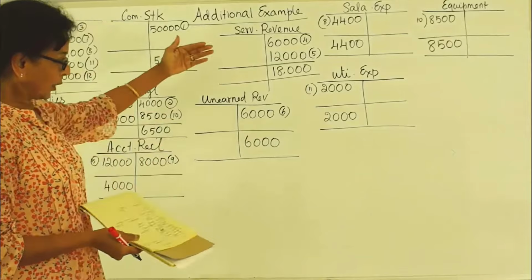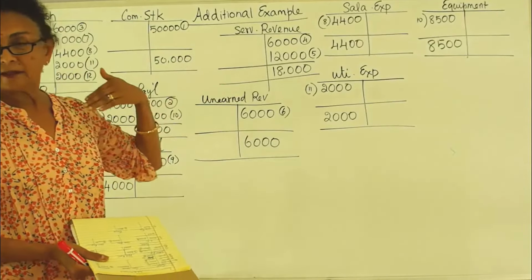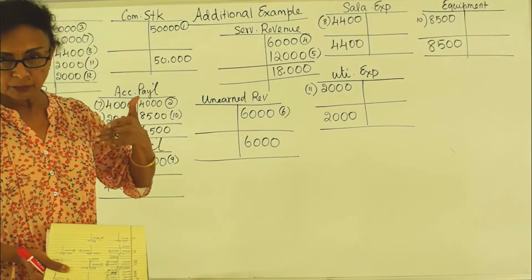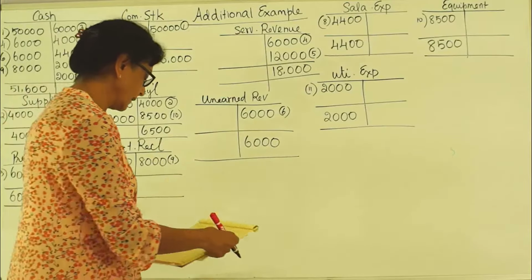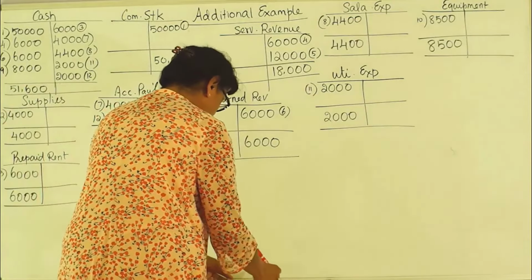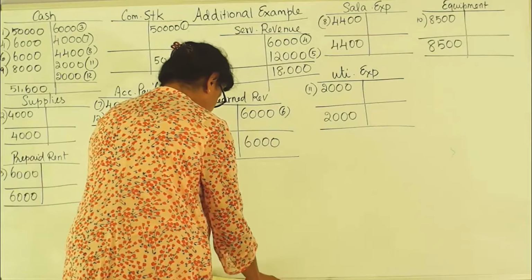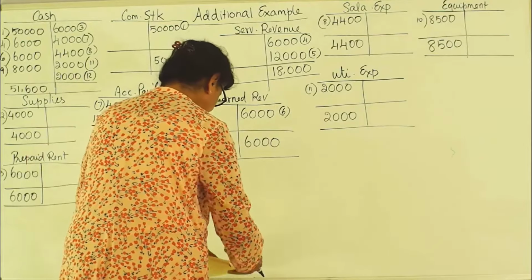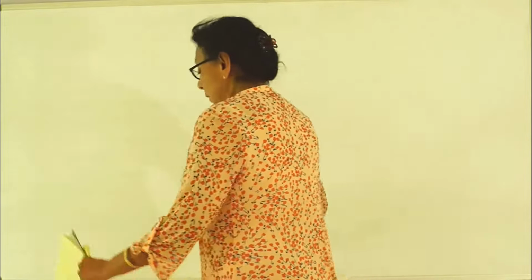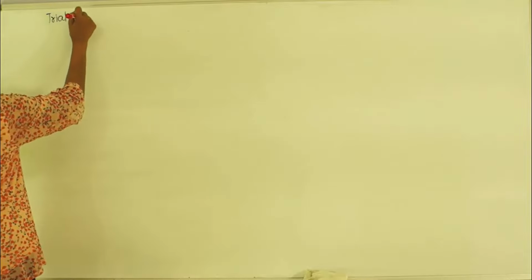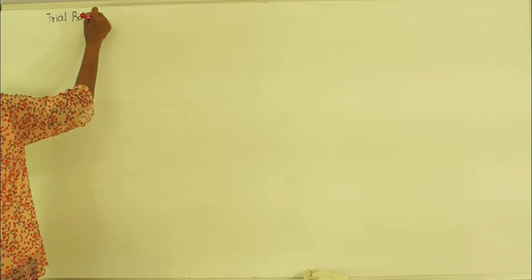Okay, now we have calculated the balances in every account. So the next step is to prepare the trial balance. So now I'm going to erase the board and I'm going to put up the trial balance. Okay, here, trial balance.